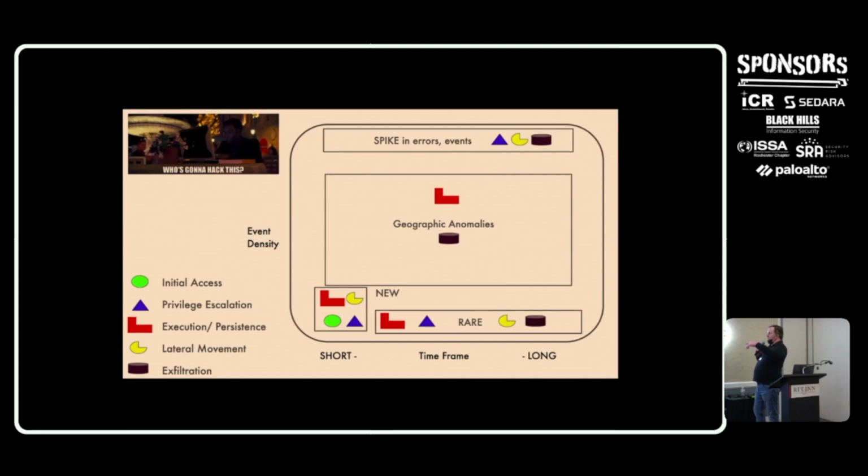where the vertical axis is event density. It's basically the volume of events for either an action or a user context. And the horizontal axis is the time frame and duration.